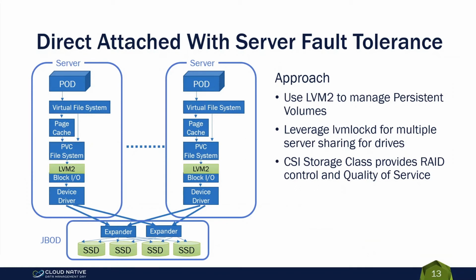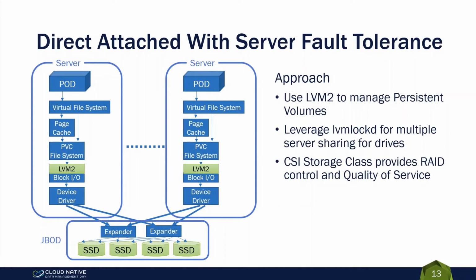So stepping back up, in the end, we're not adding another layer of technology, only using the full capability of Linux's block I/O stack, going in where LVM2 sits in the kernel and expanding its role through its external locking mechanism. So LVM2 has the built-in capability of preventing other servers from activating volumes that are being used elsewhere.